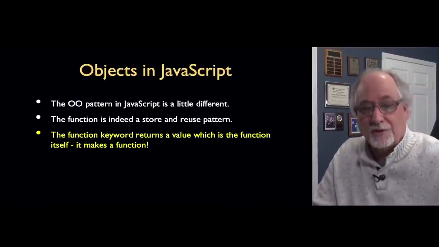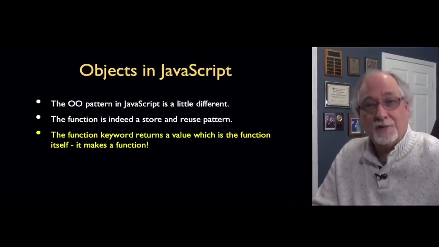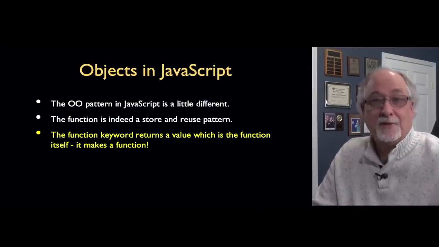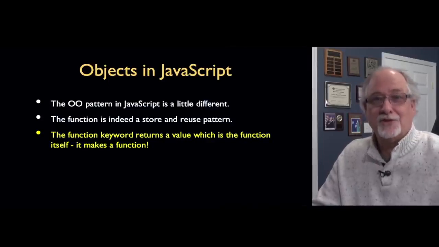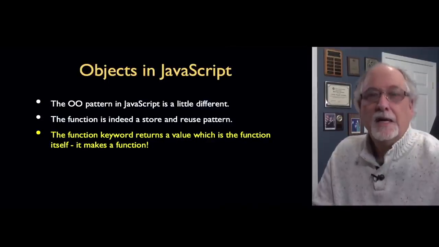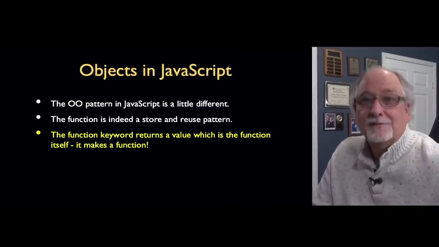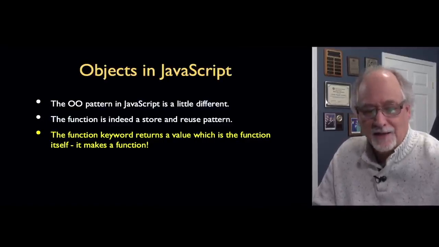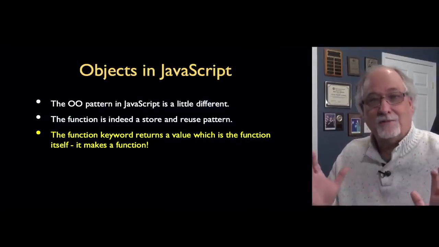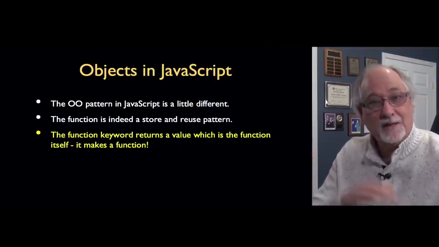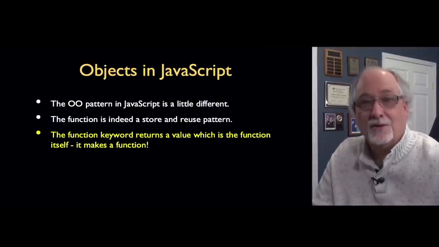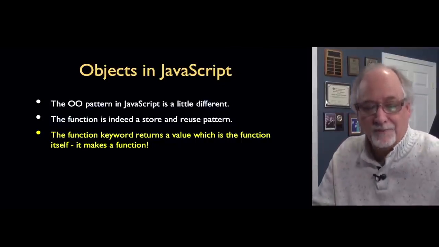So objects in JavaScript are a little different, and if you've seen me talk about objects in Python or PHP or even Java, which I taught a long time ago, or C++, they're very different. The key thing is it certainly is a store and reuse pattern. It is a mechanism to create data and code and put it into one kind of reusable thing.